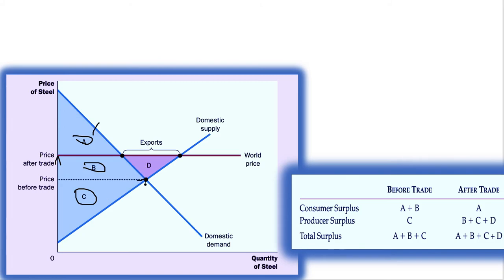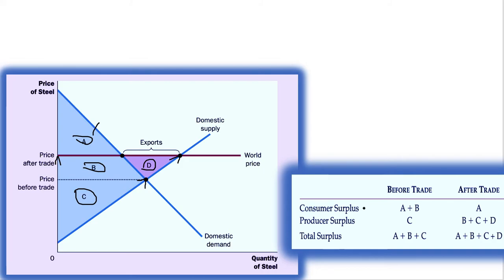So from here our producer can shift their price and production till there. Our producer surplus before that was C, and after trade, the producer surplus will be B, C, and D. And D, this portion, will be the export portion, but it still will be made domestically.